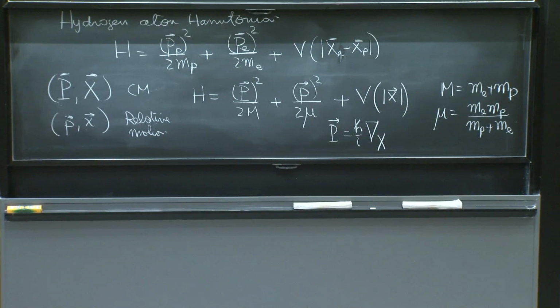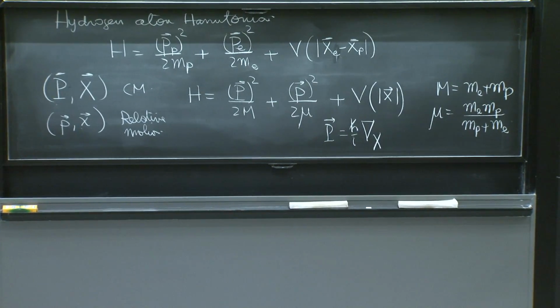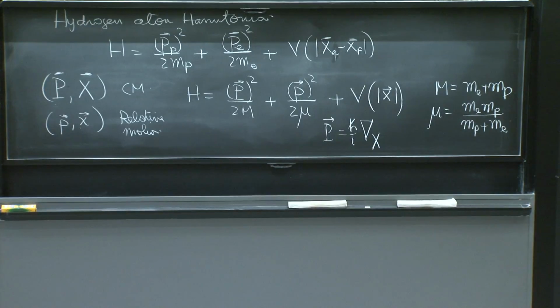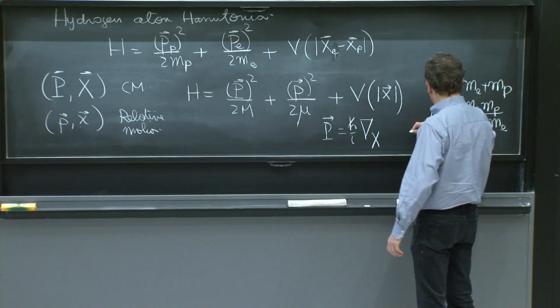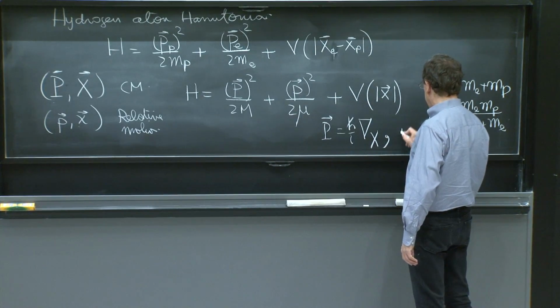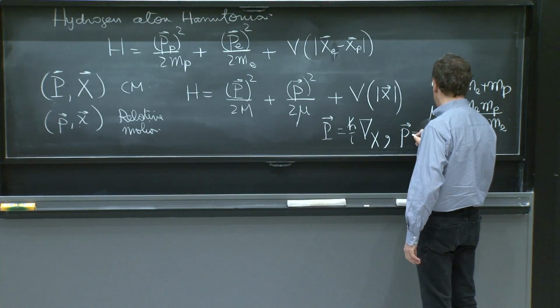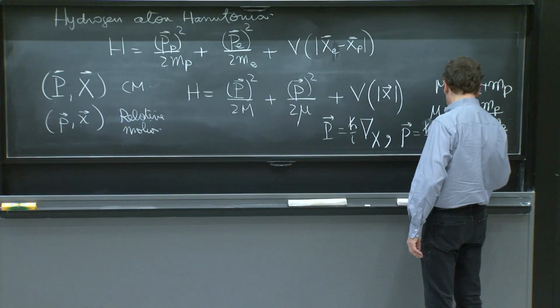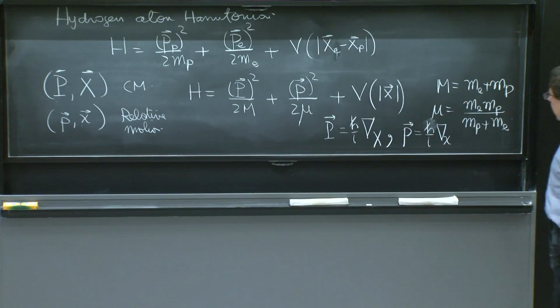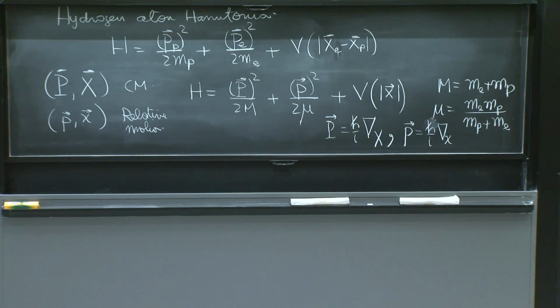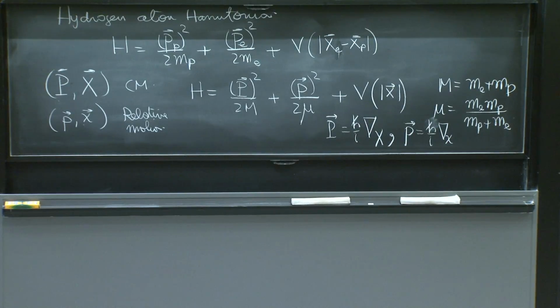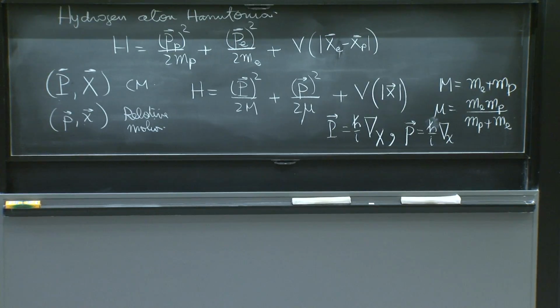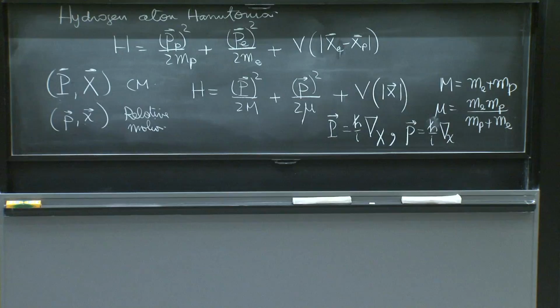So think of the center of mass as three coordinates, and you differentiate with respect to them. Similarly, for the relative momentum, we'll think of it as a gradient with respect to the relative position, because that's the canonical coordinate that goes along with it. That's how we should think of these operators as derivative.